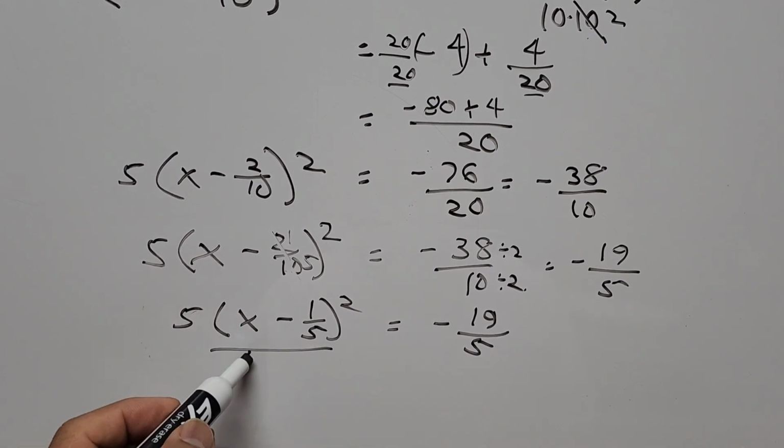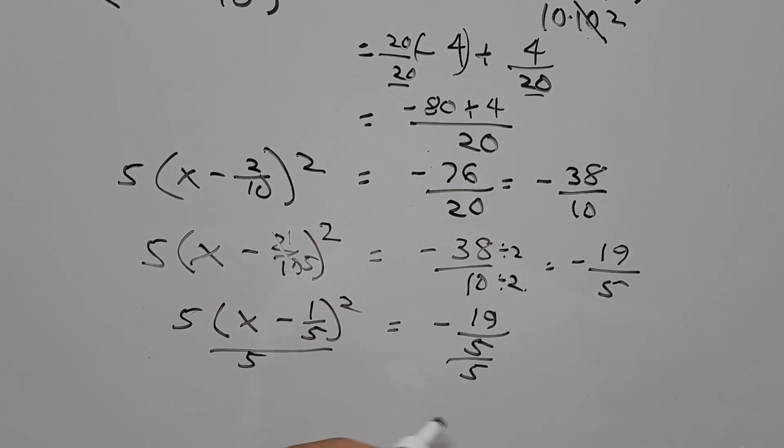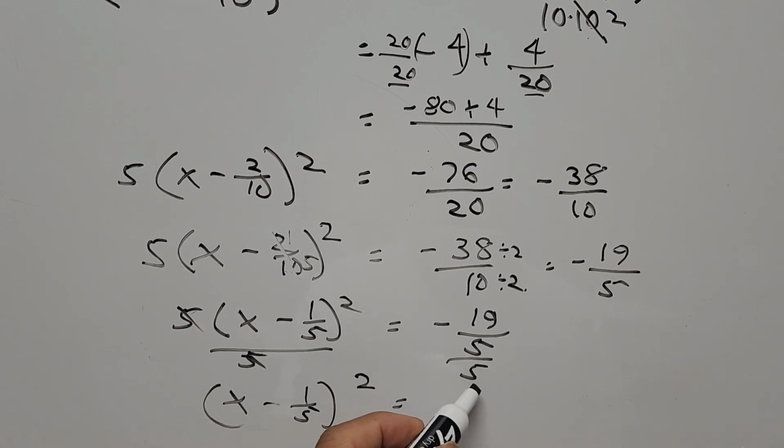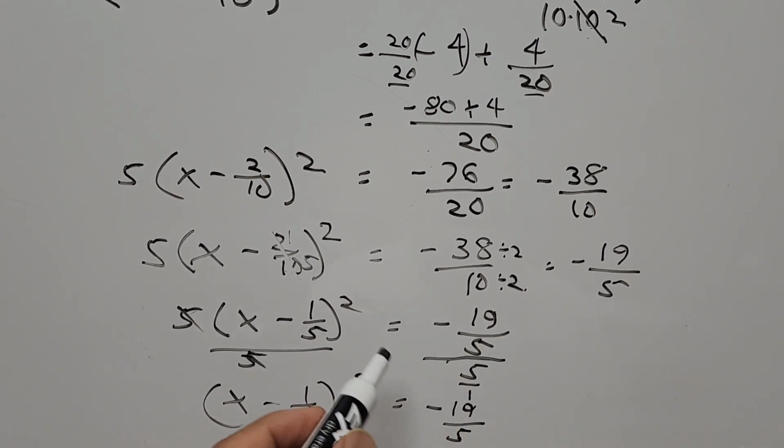Divide the whole equation by 5. So we have x minus 1 over 5 squared equals, and this 5 right here can be written as 5 over 1. So that is negative 19 over 5, transforming the division into multiplication.